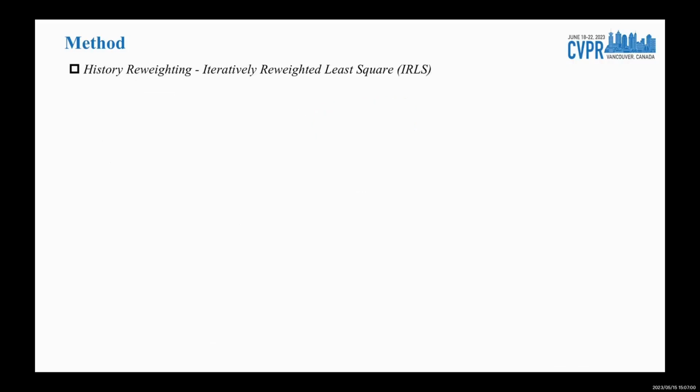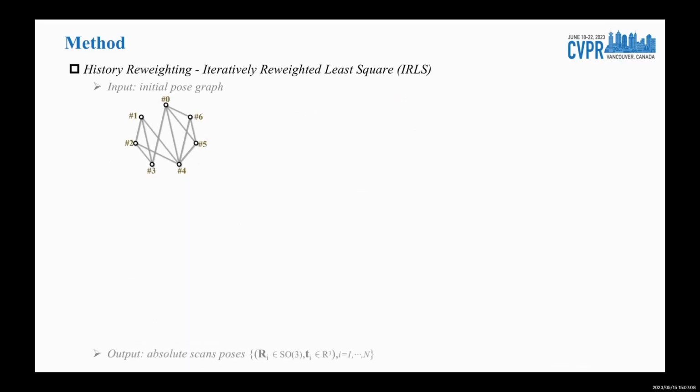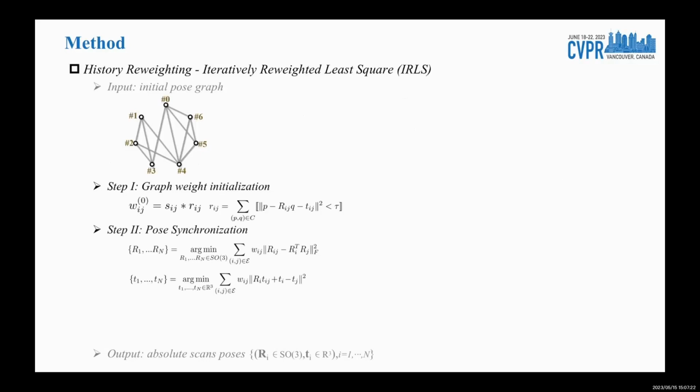In history reweighting IRLS, the input is the sparse pose graph constructed earlier, and the output is the absolute pose of each point cloud. First, the edge weights in the sparse graph are initialized, taking into account the estimated overlap S and the RANSAC inlier correspondence count R. Then, the pose synchronization algorithm is used to estimate the absolute pose of each point cloud from the weighted sparse pose graph. However, due to the presence of outlier edges in the pose graph, the pose estimation is not accurate.